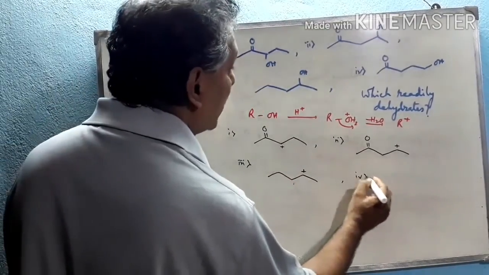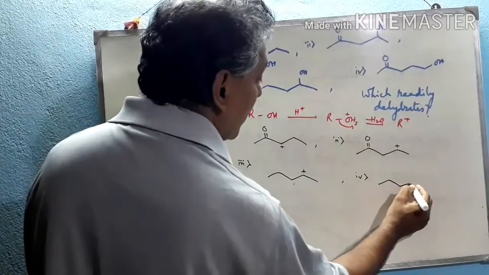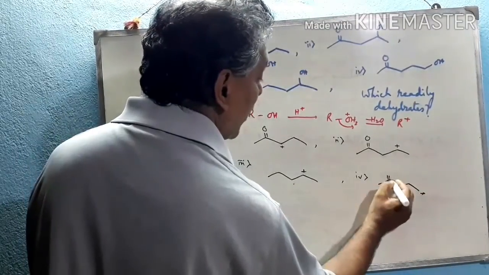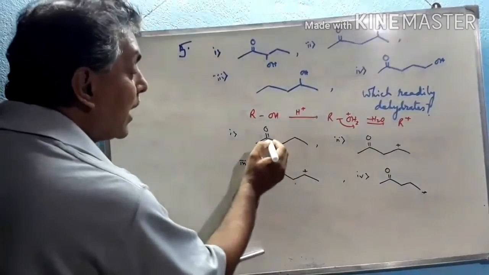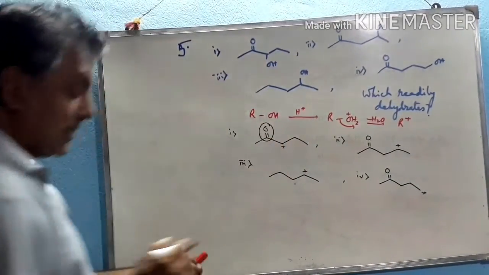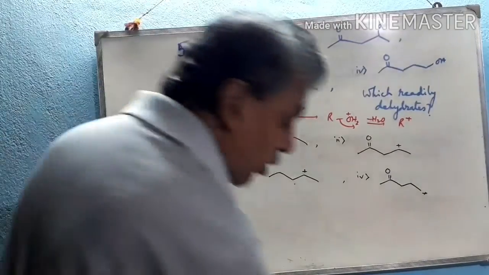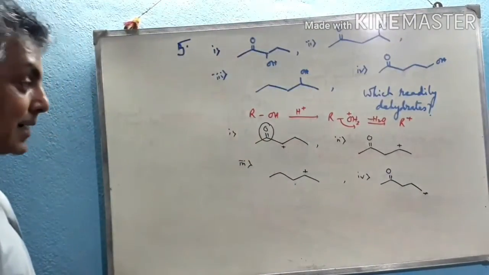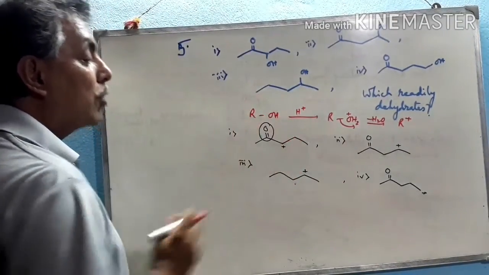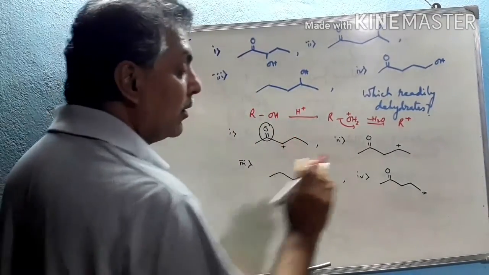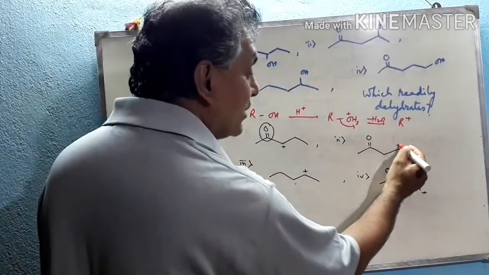Now number 4 gives such a carbocation. Among these 4 structures, the carbocation is nearer to the C=O group here. C=O is strongly electron withdrawing and actually decreases the stability of the carbocation due to the presence of a strongly electron withdrawing group adjacent to the carbocation. Here the plus charge forms here.